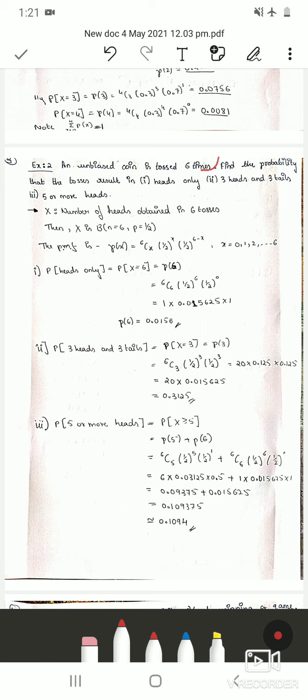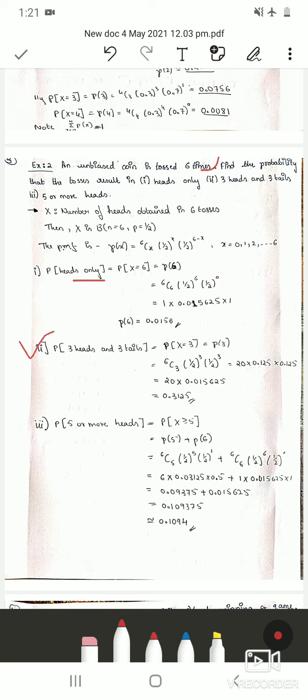So they have given 3 heads. So the probability of getting 3 heads and 3 tails is nothing but P of x equal to 3. When they had given all heads, we had taken x equal to 6. Now we want only when 3 times we get heads, therefore P of x equal to 3. Wherever x is there, you substitute x as 3.